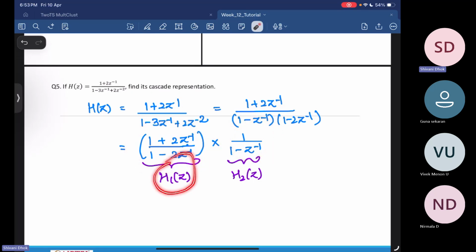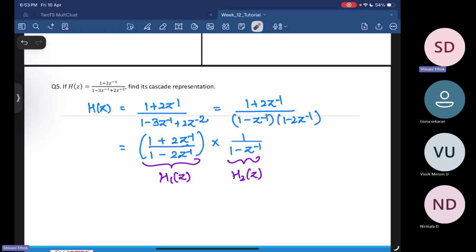Now with the help of your H1(z) and H2(z), these two systems, you want to get a system that has this transfer function. So what will you do? You will just combine these two and connect them in series combination. That is your cascaded representation. So the parallel form and cascaded form representations are the cases which make use of already available system blocks to construct a new system.